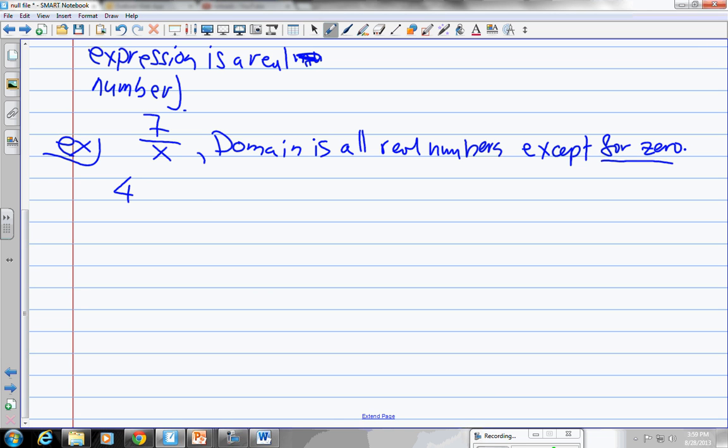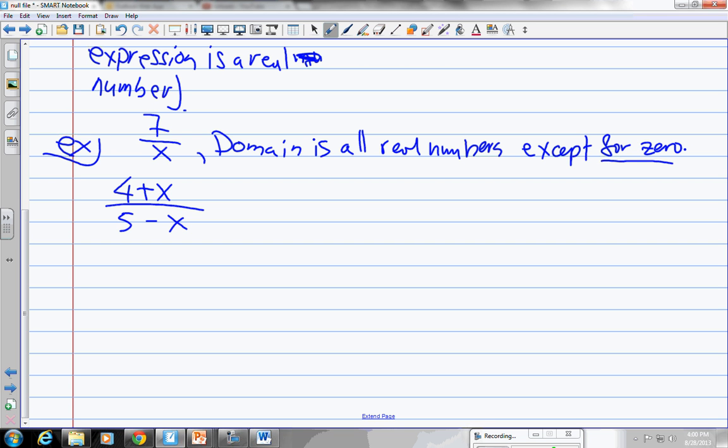How about 4 plus x over 5 minus x? Can we figure out the domain of this expression? We don't want to get 0 in the denominator. So what number do we have to avoid? 5, right? As long as x is not equal to 5, we're good. If x equals -4, we get 0 in the numerator, which is okay, because we'll get something else in the denominator.